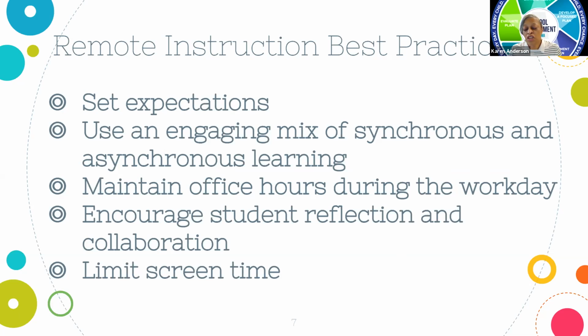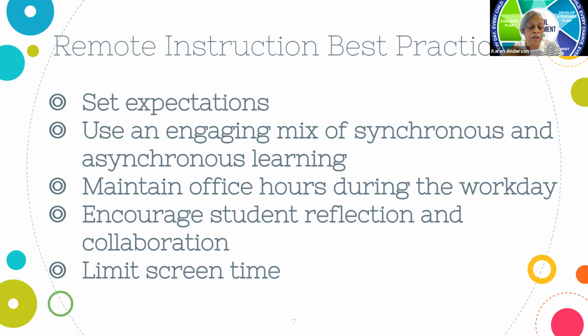We've talked so much about the social emotional learning aspect and those needs that students have. They're not able to collaborate, they're not able to gather, and they just miss seeing their friends, and we as adults miss seeing each other, so that's really times 10 for students. So addressing those social emotional needs can come through allowing for student reflection and collaboration, giving them opportunities to work together, and limiting their screen time.